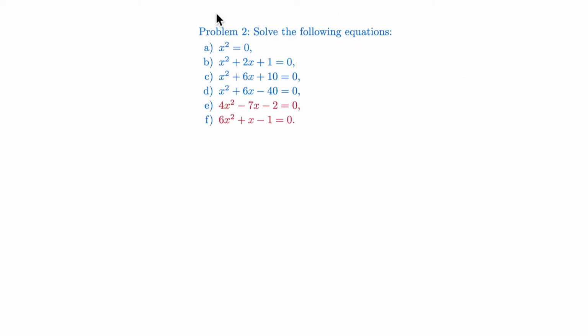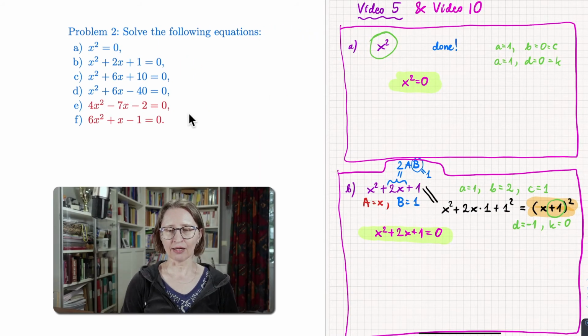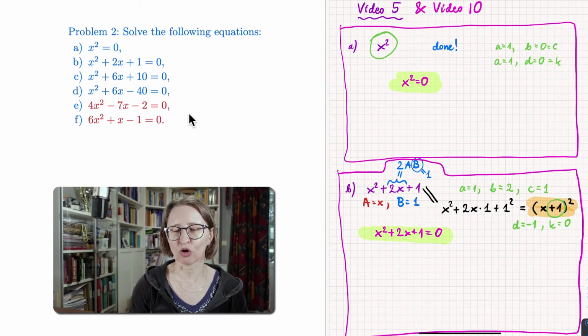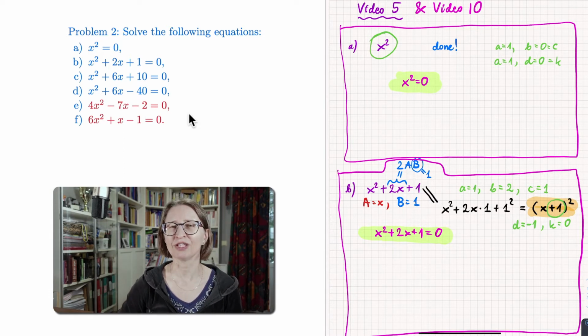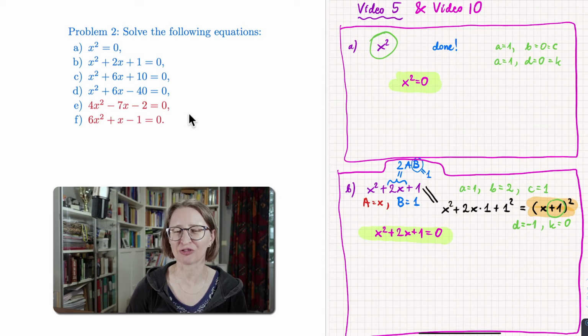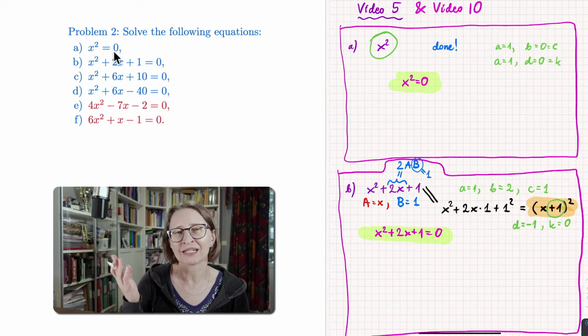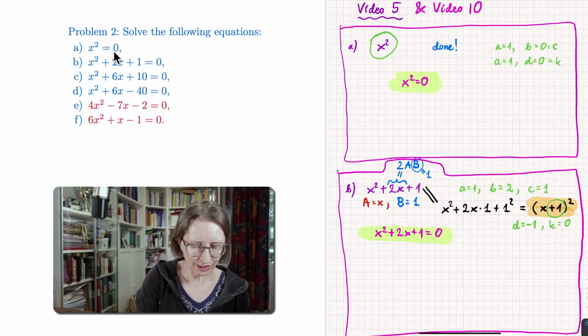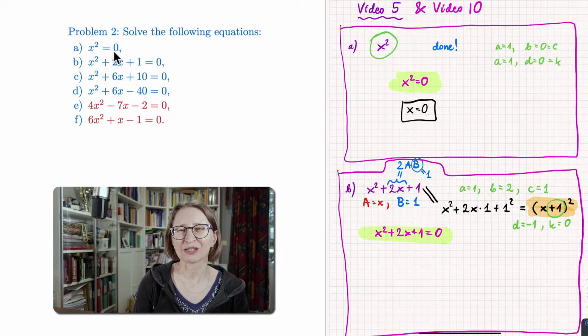And now the problem, solve the following equations, and you see here these are exactly the same problems which we had already in video number 5, so I even use the notes from video number 5. And here the first one is trivial, right? Here is just x equal to 0, which is the solution.